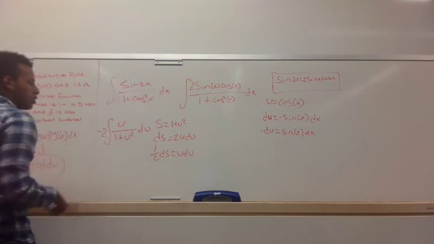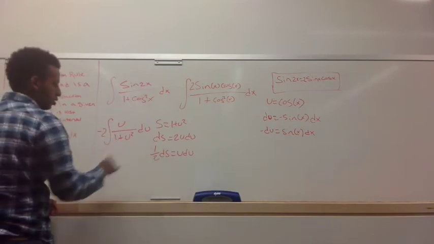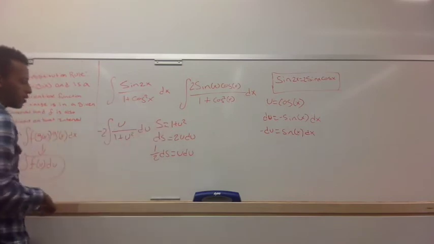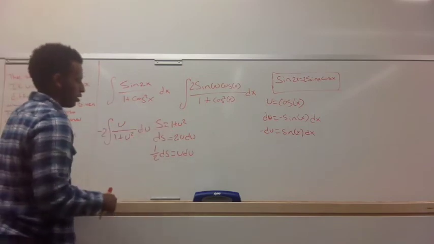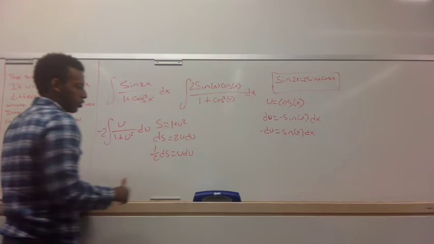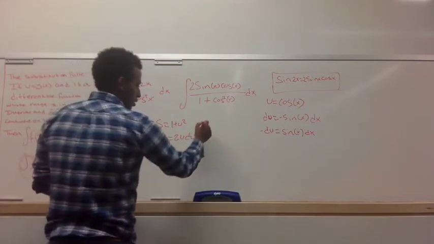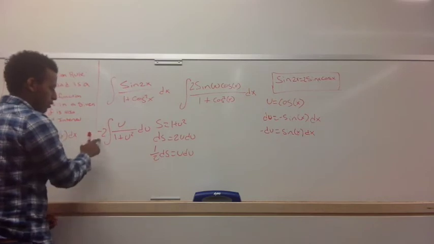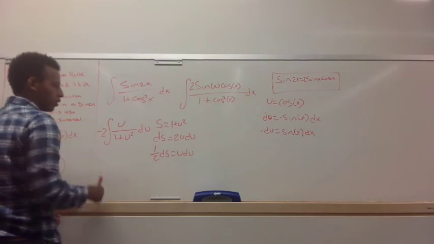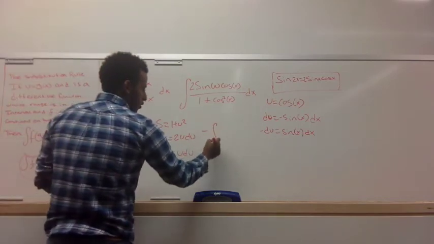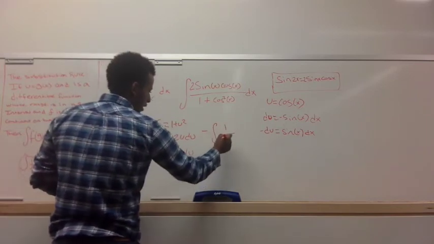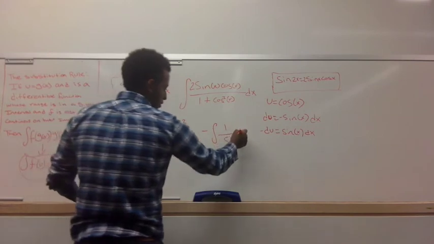Now the u and the du get replaced with 1/2 ds, and the denominator is replaced by the s. So now we get another integral that looks like this. And also the 1/2 cancels out the 2, so we're just left with a negative: negative of the integral of 1 over s ds.